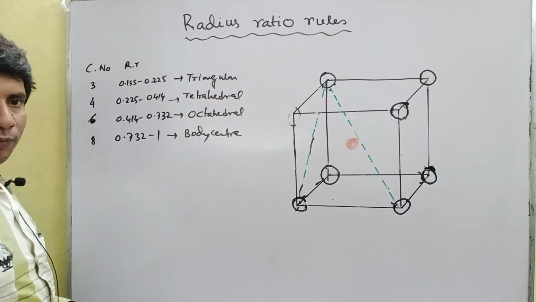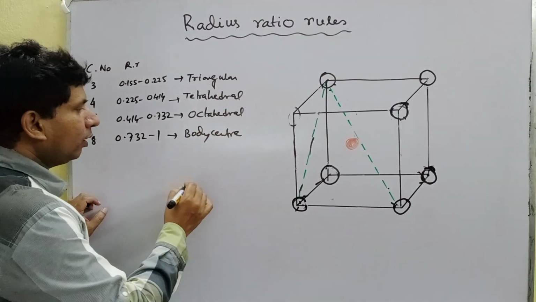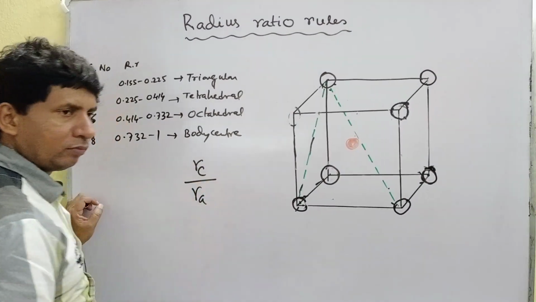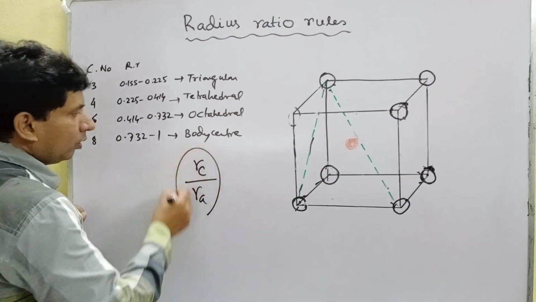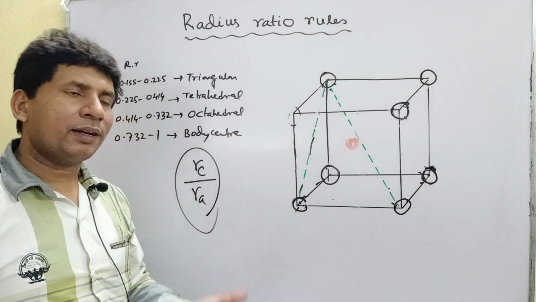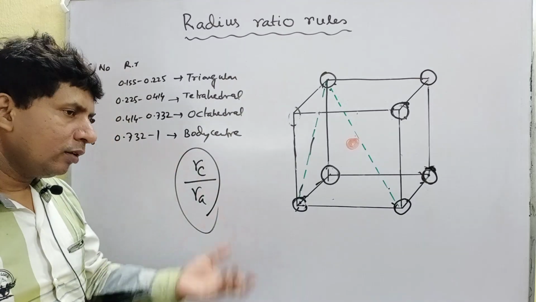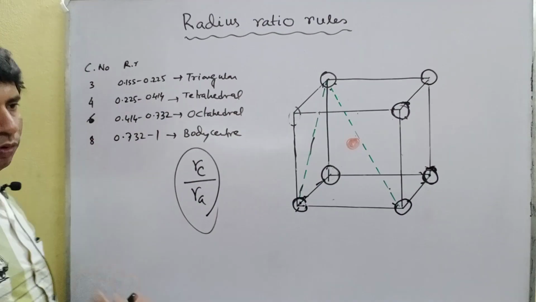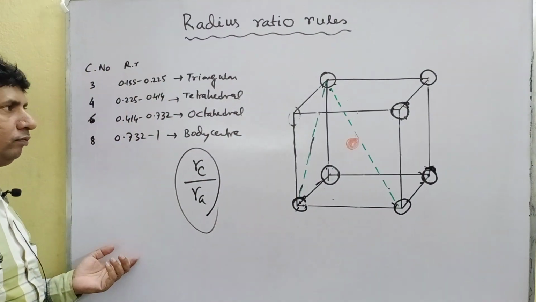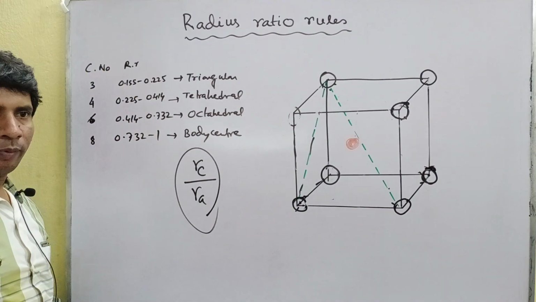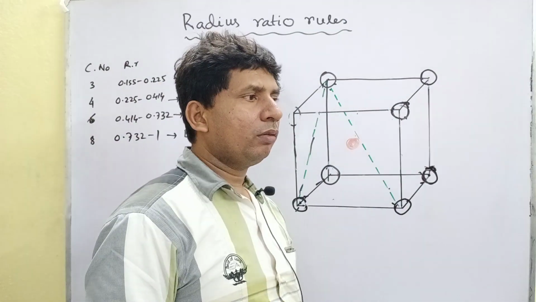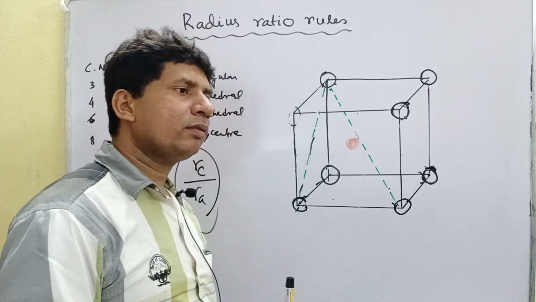What is the radius ratio? Radius ratio means the radius of cation divided by the radius of anion. It maintains a ratio for tetrahedral, octahedral, body center, triangular, linear. Why? Always, you know, the size of cation is less than the size of anion.